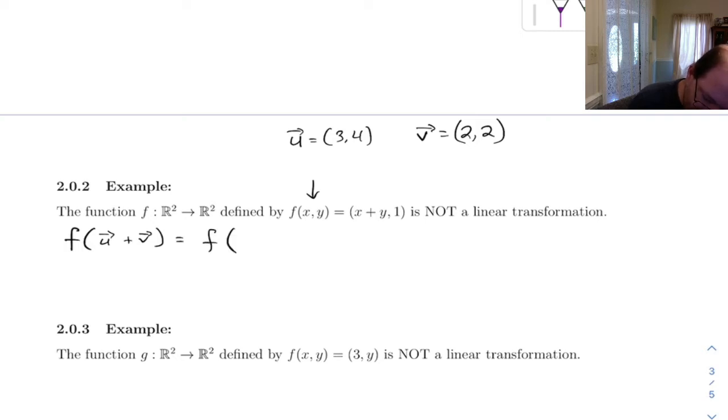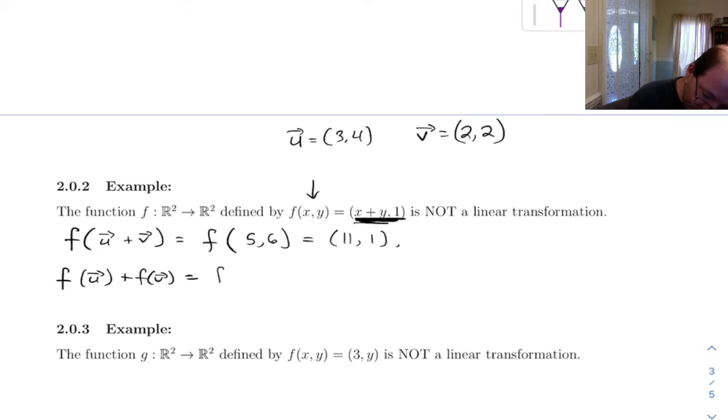If you take u and v and add them together, you get f of (5, 6). And what is f of (5, 6)? According to the rule here, it's going to be (11, 1). Now, if we do f of u plus f of v, we're not going to get the same thing.